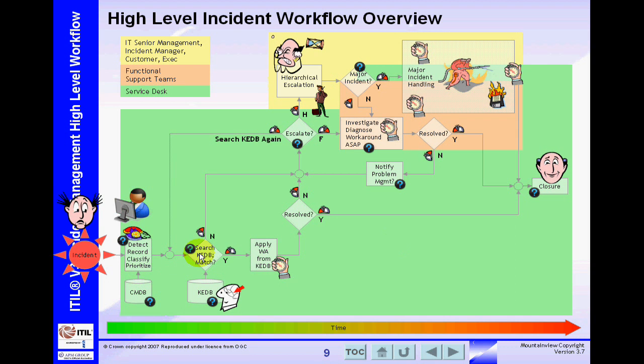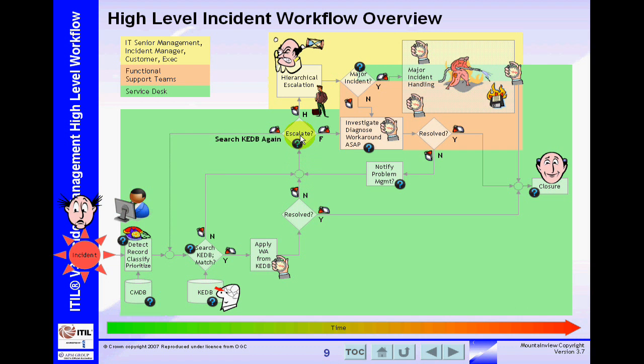However, we recognize that when we search our known error database, we may not always find what we're looking for. The solution may not exist. At this point, we then go up this branch and go to escalation.